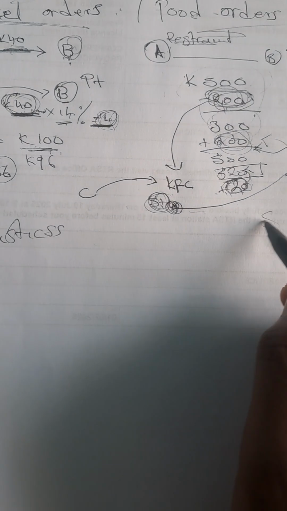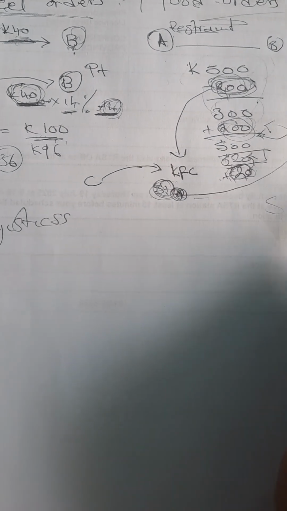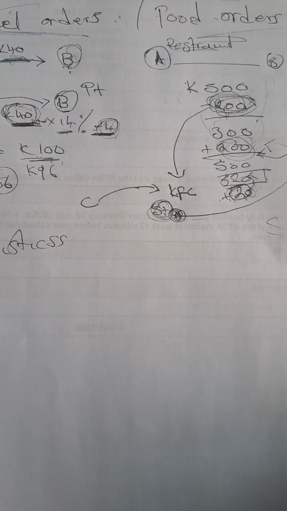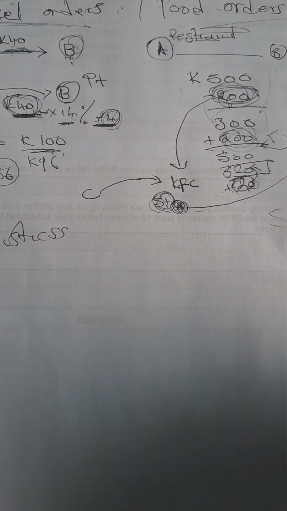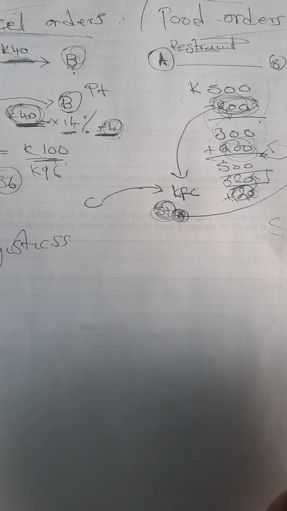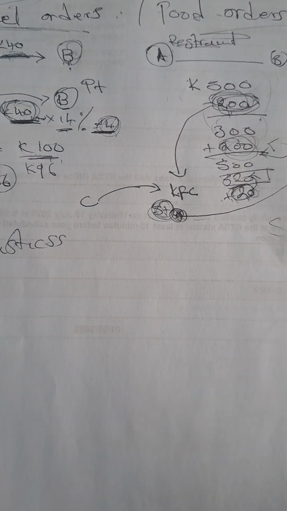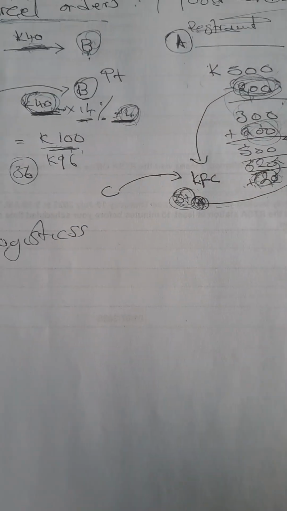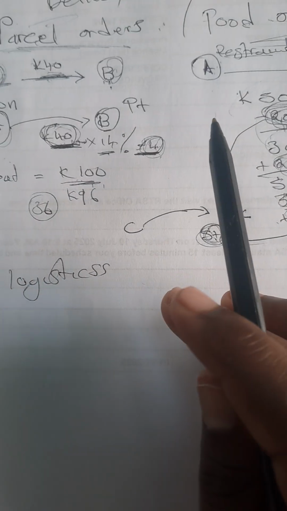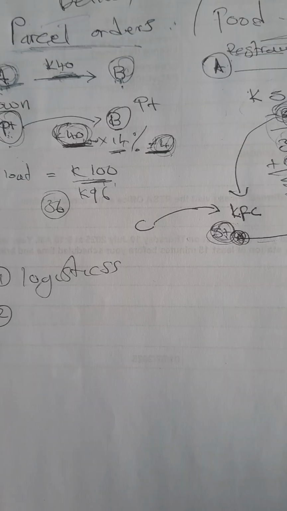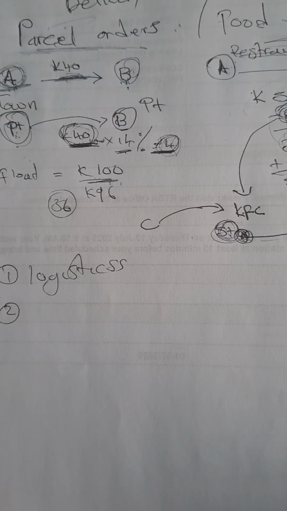So if you do 5 of these and they're all 20, you end up in your float with 600, right? So it keeps increasing. So to make it simple, what you have to know is, in food orders, I get paid in my float, all right? Then I can withdraw it later. Then in parcel orders, I get paid cash in hand for my delivery orders.